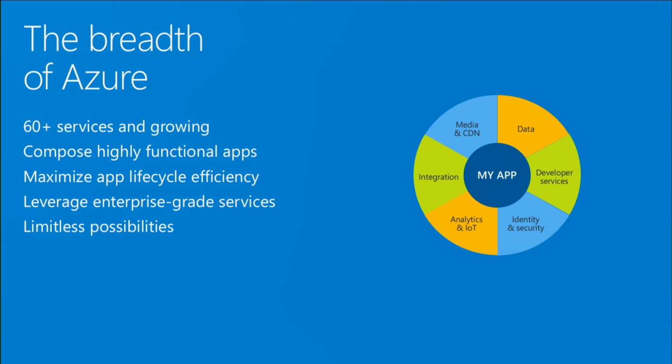So we've got things like media services, and we've got data solutions, and we've got identity services. You can add identity just with a couple of clicks to your project, add Active Directory to it, rather than having to write all the code to make it happen.